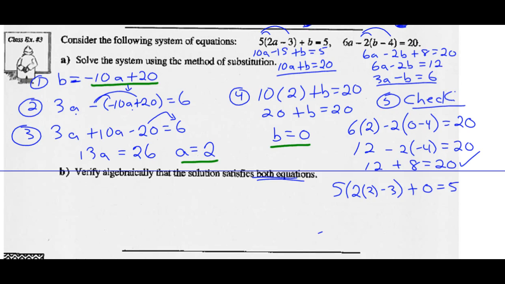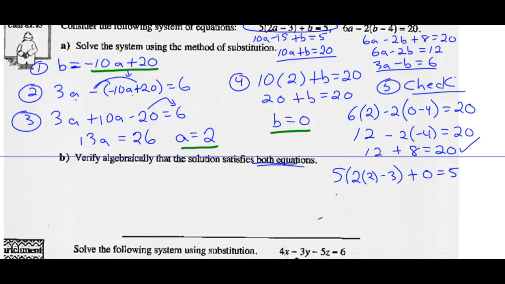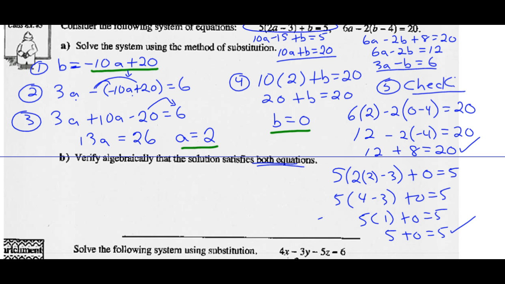So I'm also going to check in this original first equation. So we've got 5 times 2 times 2, which is 4, minus 3, plus 0 should equal 5. 4 minus 3 is 1. 5 times 1 plus 0 equals 5. That is true. 5 plus 0 does indeed equal 5. So it checks out in both the original equations.